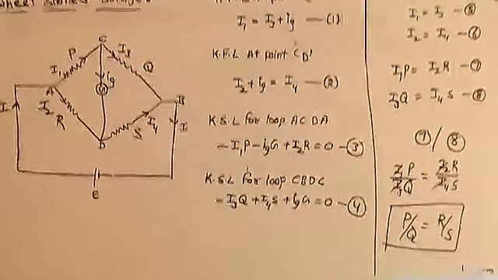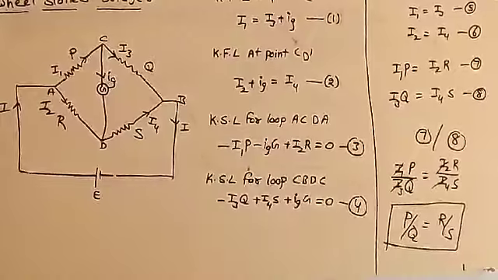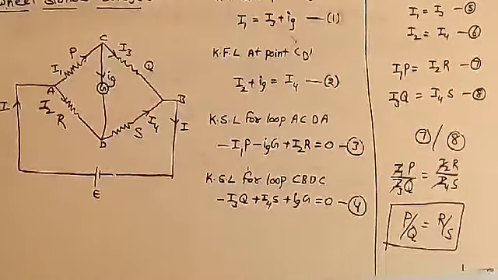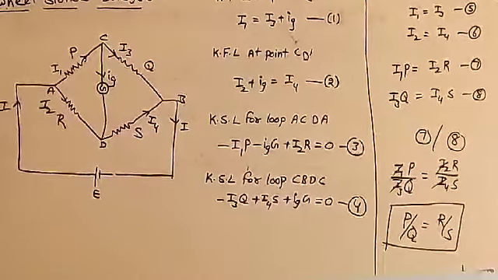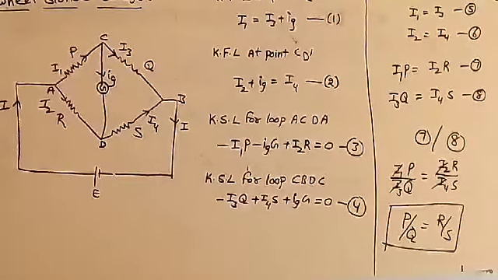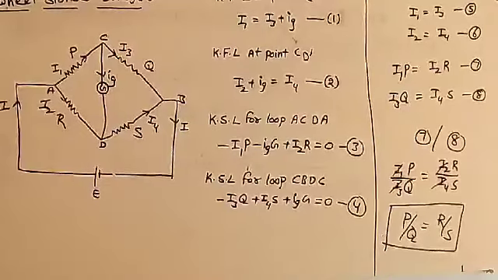If P by Q is equal to R by S, then the bridge is said to be balanced. If the bridge is balanced, the current passing through the galvanometer is 0. So this is all about Wheatstone's bridge. Once again, see the derivation, the equations, how the bridge is balanced, and the final expressions. All of you see one by one.